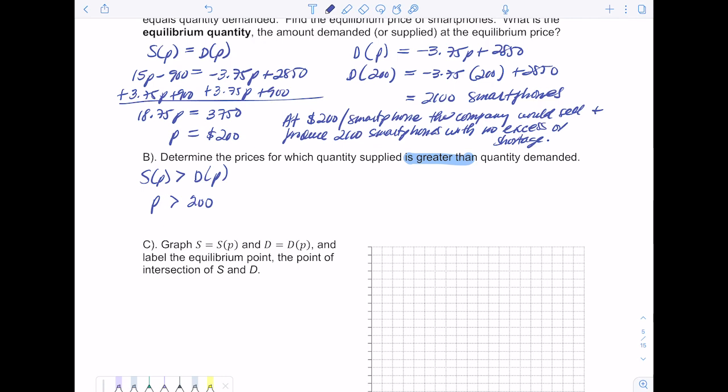Okay, so what exactly does this mean? If the company was to charge more than $200 per phone now, the quantity supplied will exceed the quantity demanded. So what does that mean? It means that there would be leftover, right?